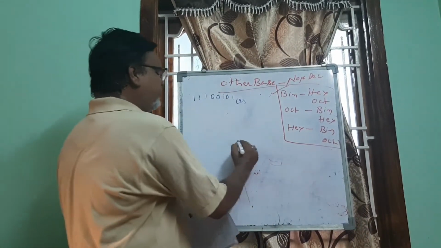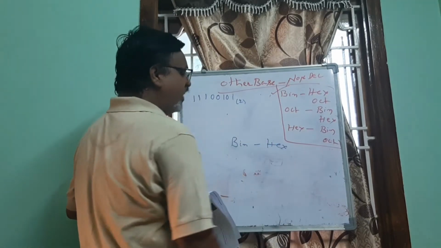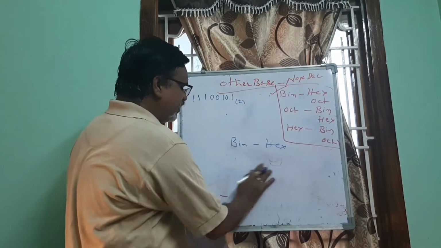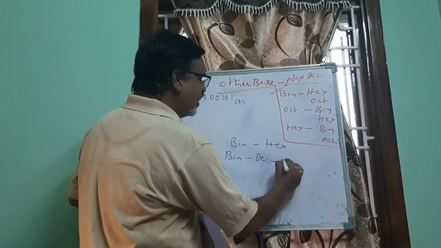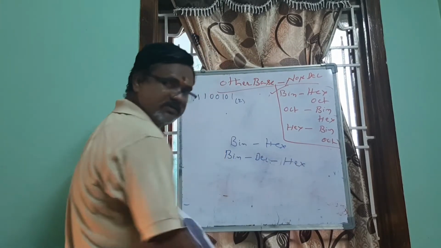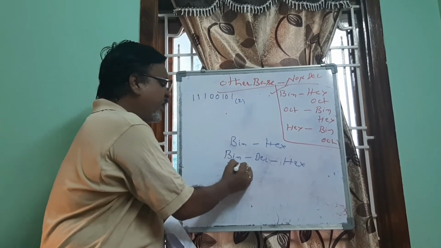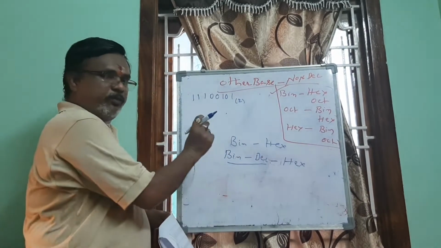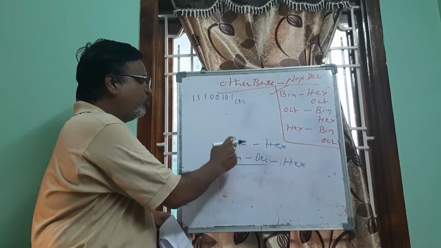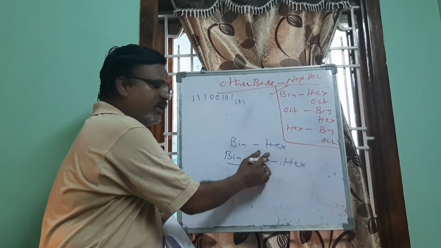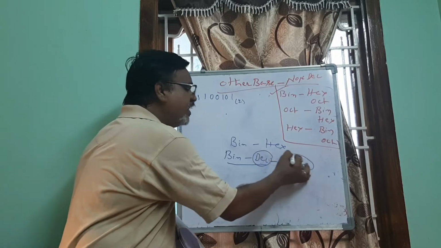First, if you want to convert binary to hexadecimal, convert the binary to decimal first and then the decimal to hexadecimal. We previously discussed how to convert a binary number to decimal: write the positions and multiply by the powers of two. Then whatever decimal value you got, divide that by 16 to get the hexadecimal.